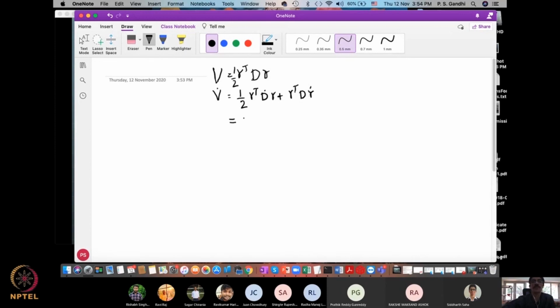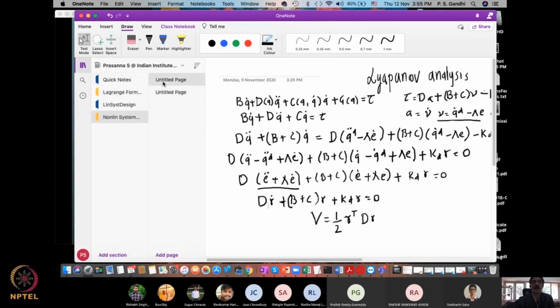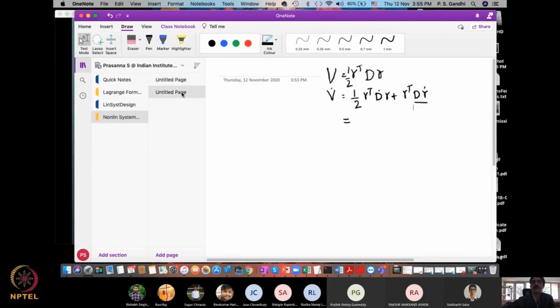With that I get this D r dot form here, which was there in my previous equations. D r dot comes here, and this is what I'll substitute now, as minus B plus C r minus K D r.